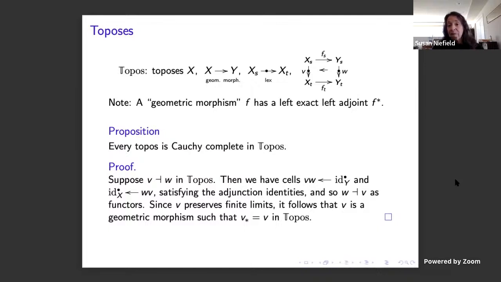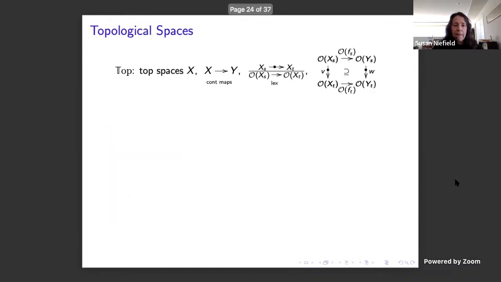That's what you get from the conditions on companion and conjoint. And so W is left adjoint to V as functors. But since V preserves finite limits, it is Lex by definition of this double category, it follows that V is a geometric morphism such that V lower star equals V in Topos.